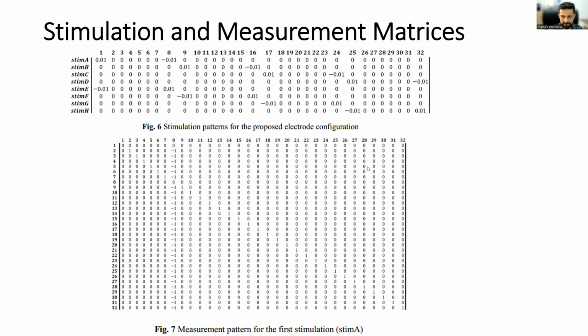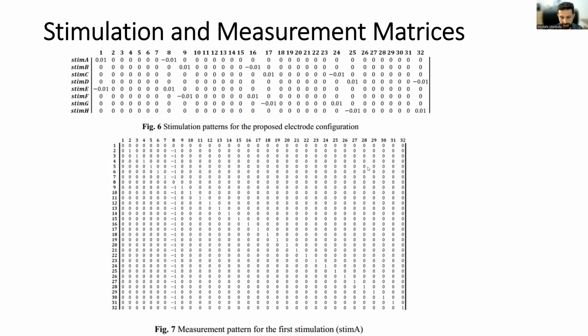For example, in the stimulation A configuration, a 10 milliamp AC current is applied between the first and eighth electrodes, as indicated in the values of 0.01 and minus 0.01 in respective columns.